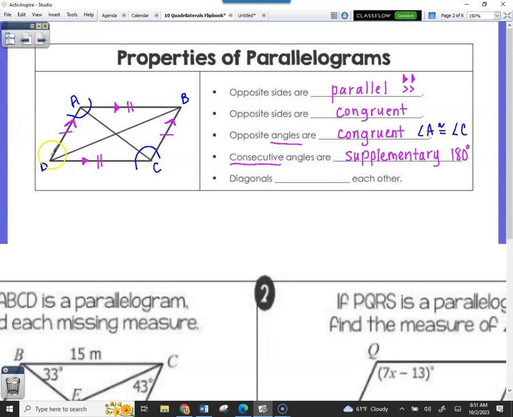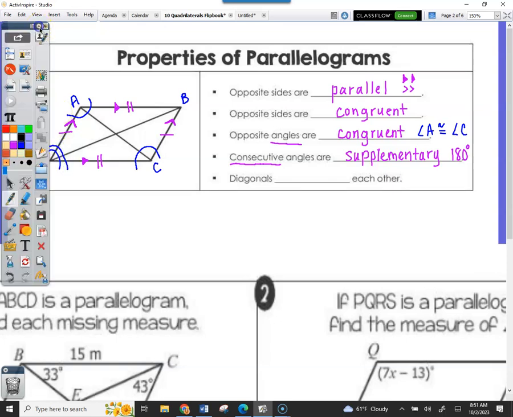Now, this angle over here is acute. I'm going to make 2 marks on that one. And then I'm going to come over here to this one, and I'm going to do 2 marks as well. I am extending beyond the shape because I want you to understand it's the entire corner.